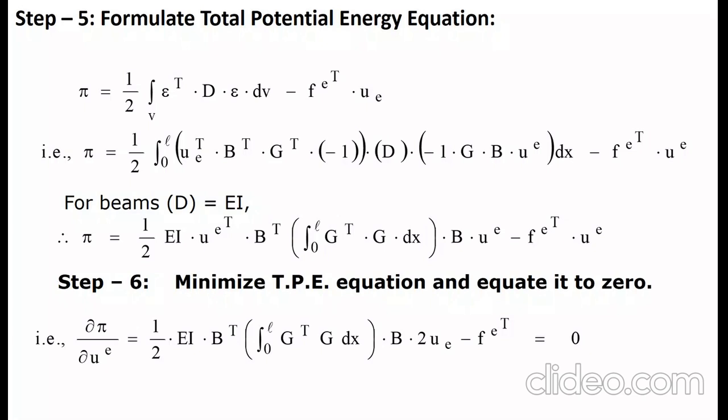So for that, we take ∂Π/∂u equal to EI Bᵀ integral from 0 to L of GᵀG dx B into 2u minus F transpose equal to 0. So this is the potential equation. Finally we have equated it to a 0 form, and for that we get this final potential energy equation.